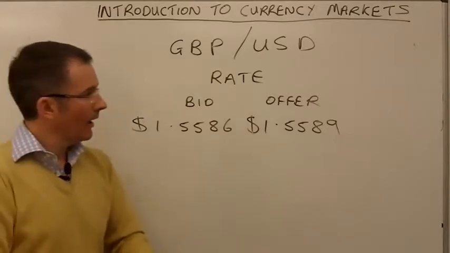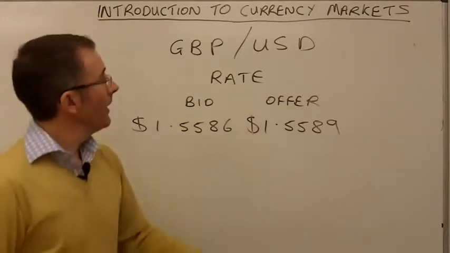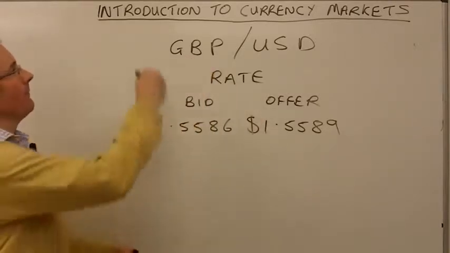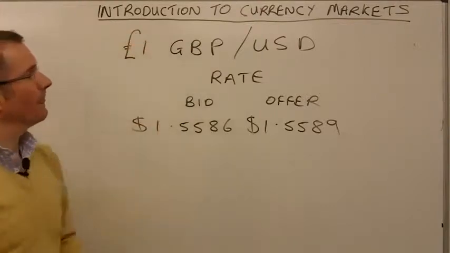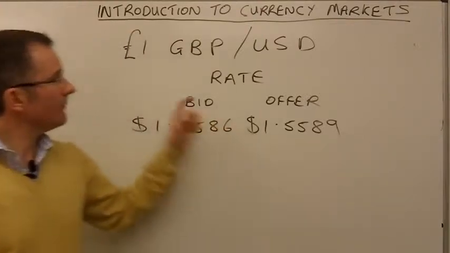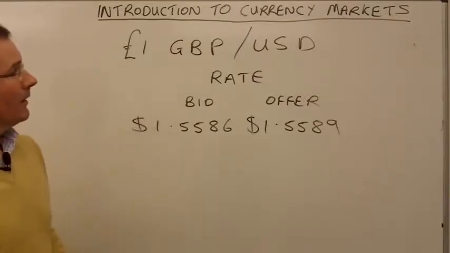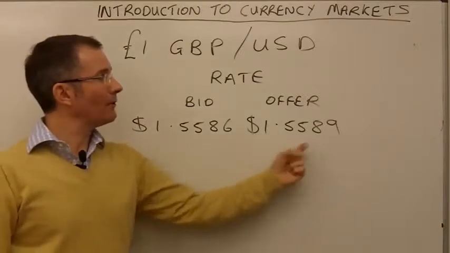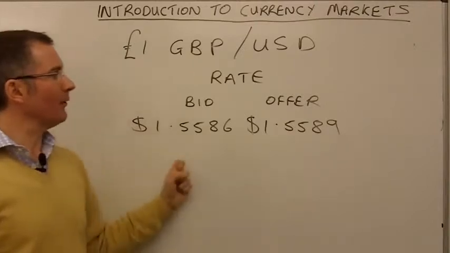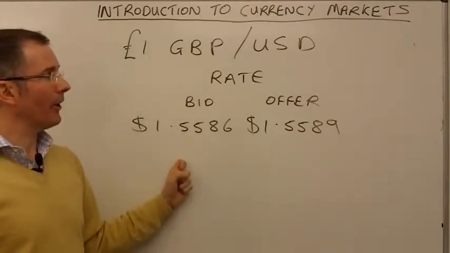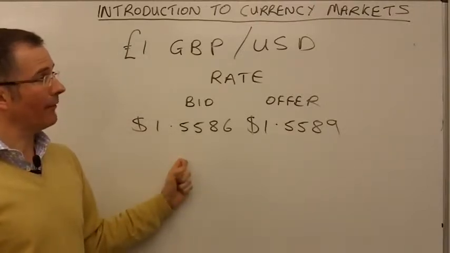So it's dollar rates. And what we're saying here is that if you've got £1 and you're looking to turn it into dollars, you've got to decide which rate the person selling you the dollars is going to give you, and vice versa.